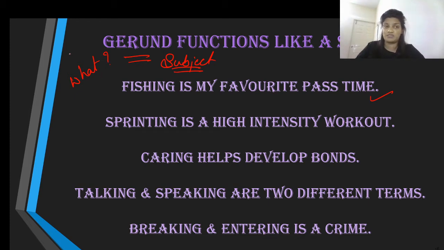When you ask the question "what," you get the answer as a noun. So what is my favorite pastime? Fishing. And fishing comes before your finite verb. So the noun that comes in front of your finite verb is your subject.